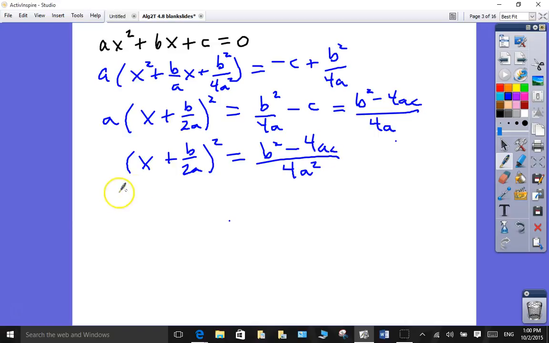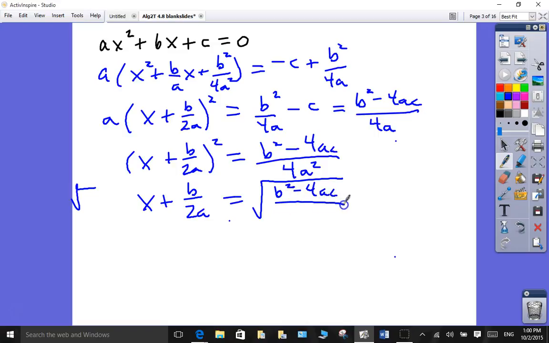So it's the square root of x plus b over 2a equals, and now when I take the square root, here it's going to be b squared minus 4ac divided by 4a squared. But the truth is, we can simplify that denominator. What's the square root of 4a squared? 2a, right? So that part can simplify. That will look like the square root of b squared minus 4ac divided by 2a.